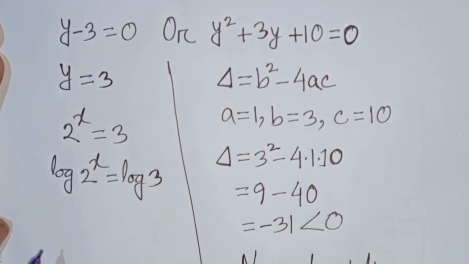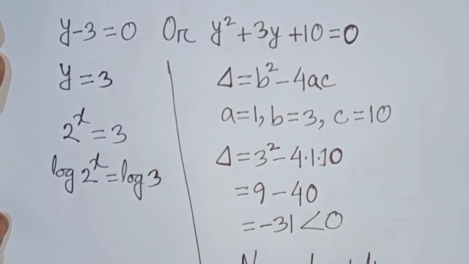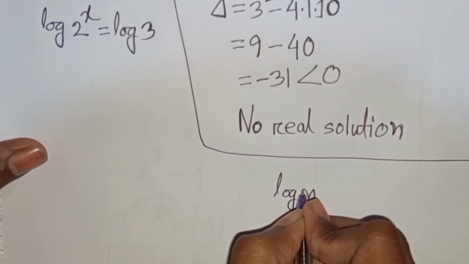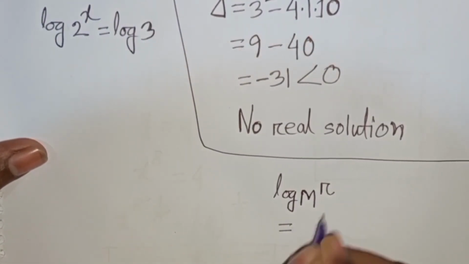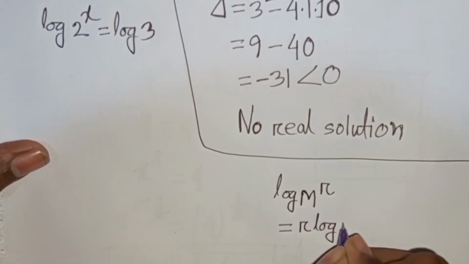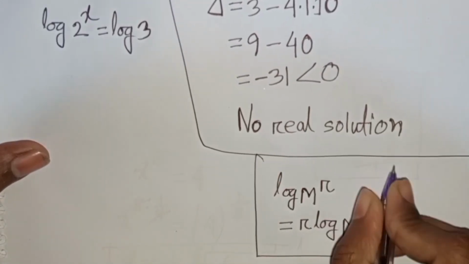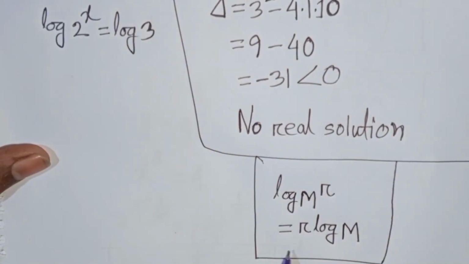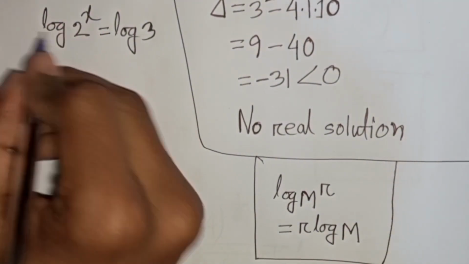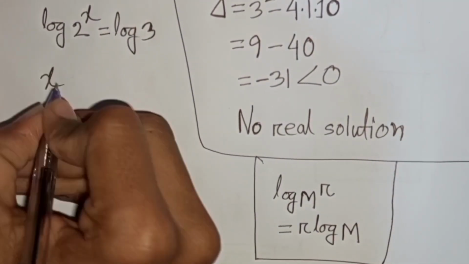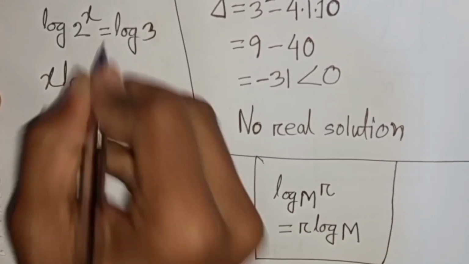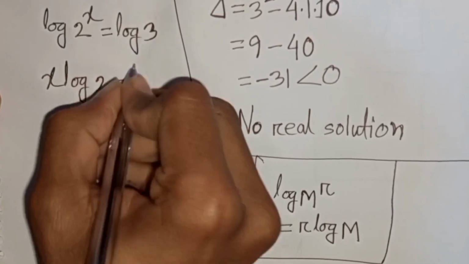Now here I can apply the rule that log m power r is equal to r log m. That means this power moves to the front. So according to this rule, this power x will move to the front. So you can write x log 2 is equal to log 3.